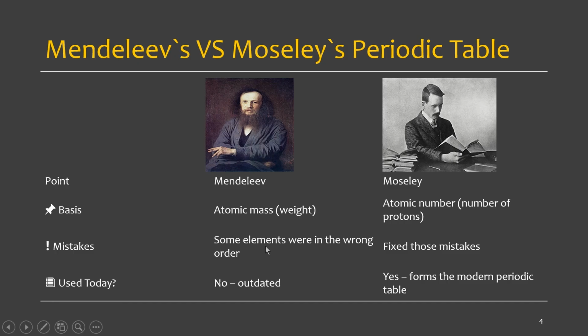Mistakes: in Mendeleev's table some elements were in the wrong order, but in Moseley's periodic table these mistakes were fixed and the positions of all the elements were arranged accurately. Used today? No, Mendeleev's periodic table is outdated. However, Moseley's periodic table is still in use and in practice.